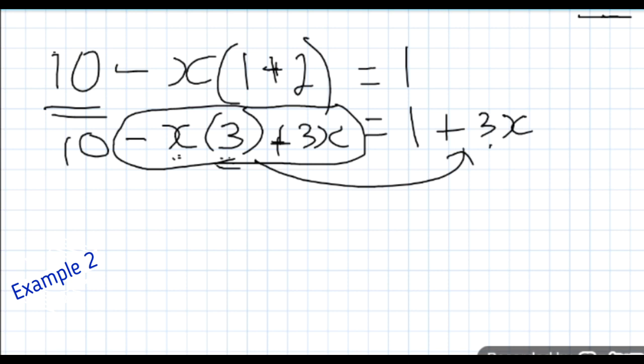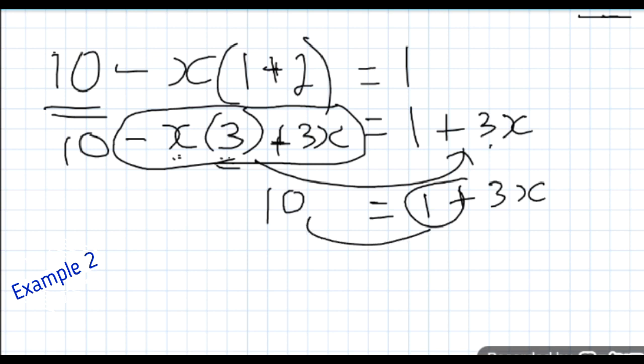Okay, let's move it to the next line where we simplify things further. So now we have only 10 on the left, and on the right we have 1 plus 3x. Now we take this 1 here, this plus 1 here, and we take it over this side where it becomes minus 1.